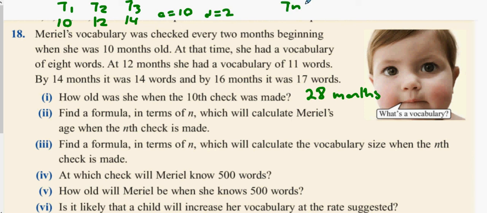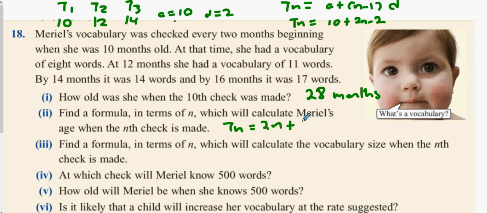Tn is A plus n minus 1 times D. So Tn is 10 plus 2n minus 2, which is Tn is 2n plus 8. Awesome.